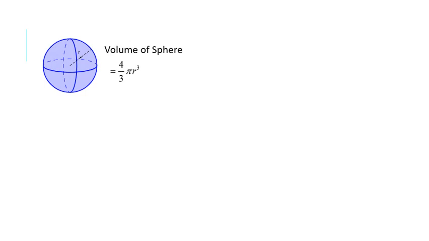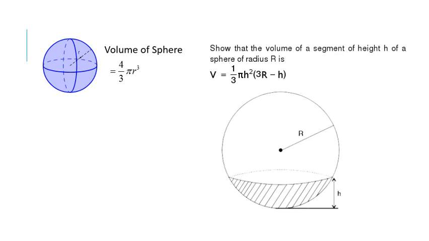Next, volume of a sphere is given by 4 by 3 pi r cube, and the segment of a sphere is given by 1/3 pi h square multiplied by 3 capital R minus h. h is the segment height.